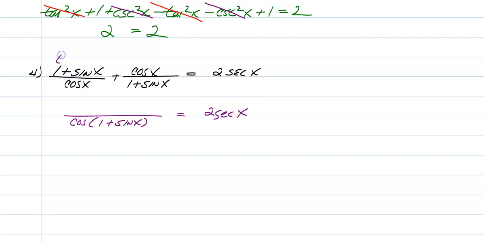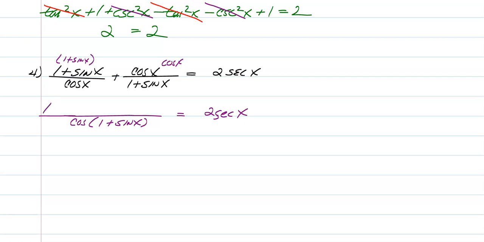So over here we had to multiply the top by 1 plus sine x, and we have to multiply this guy by cosine x. Remember, 1 plus sine x times 1 plus sine x, you are not going to just square each term. You have to FOIL. And when you FOIL that, you are going to get 1 times 1, which gives you 1.